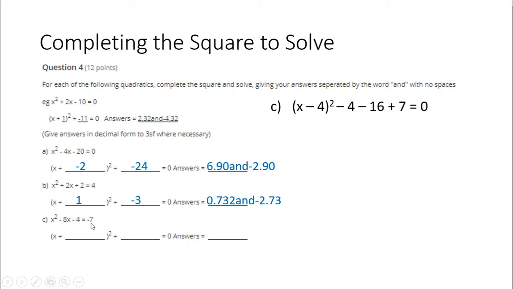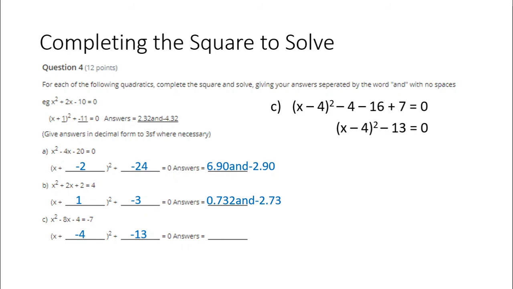And the -7 that was on the right-hand side, I've brought it over to the left-hand side, making it +7, so that I have it equal to 0. So inside the bracket, I've got -4, and outside the bracket, -4 minus 16 plus 7 gives me -13. P is -4, and Q is -13.